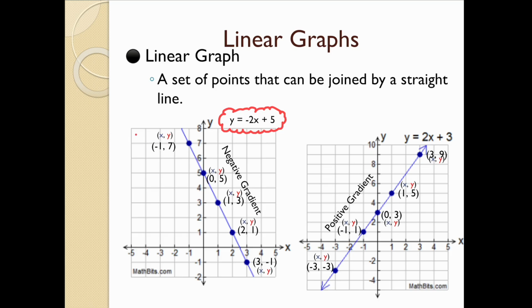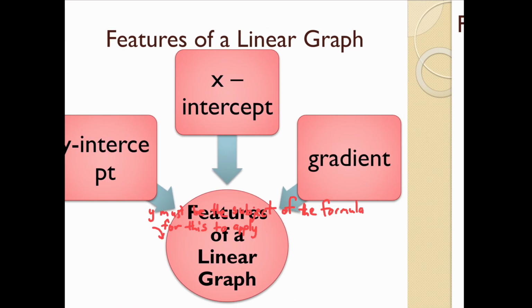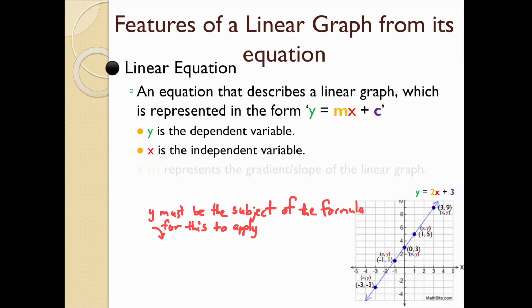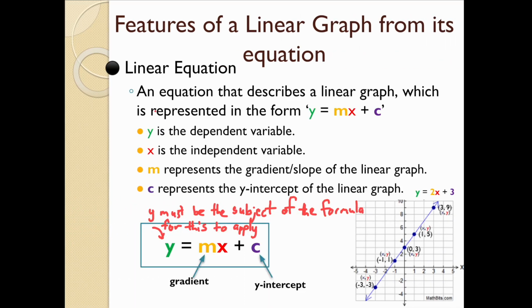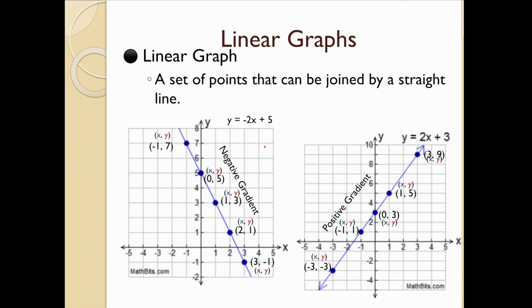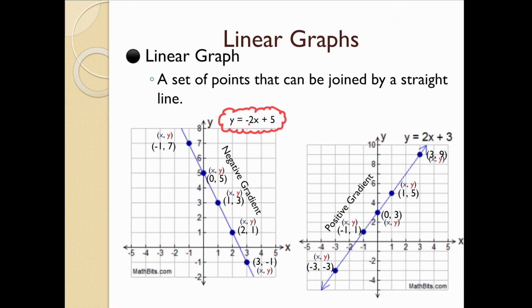So, like you said, it is affecting the y because y is the what variable? What did we say y is? Dependent. Y is the dependent variable. Now, because of that, the gradient, which is negative 2, a negative gradient, is telling us that each time we increase x by 1, it's decreasing y by how much?